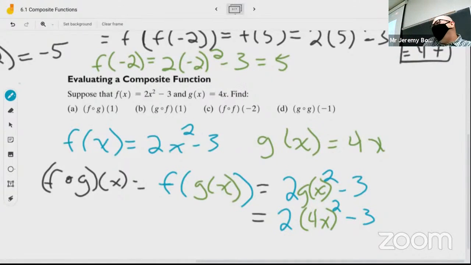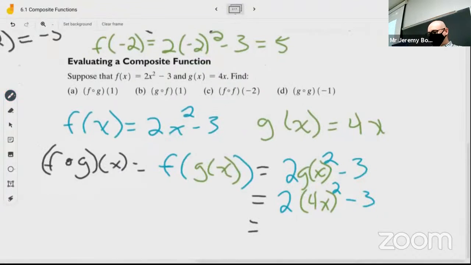All right, and we can evaluate that, right? What could that evaluate to? Anybody know? It's not easy, so if you don't know, it's not a big deal. But we can actually square the 4x, right? It's like 4x times 4x, which would be 16x squared. So we got 2 times 16x squared minus 3.